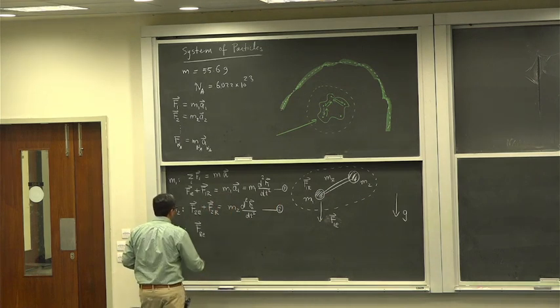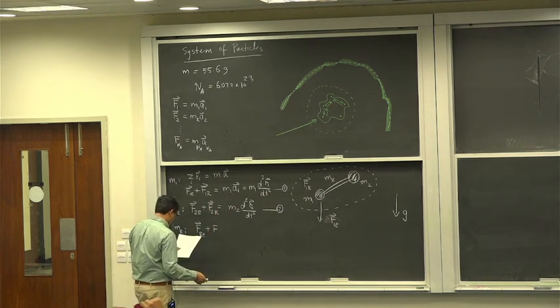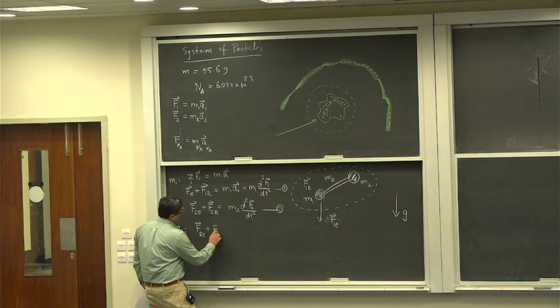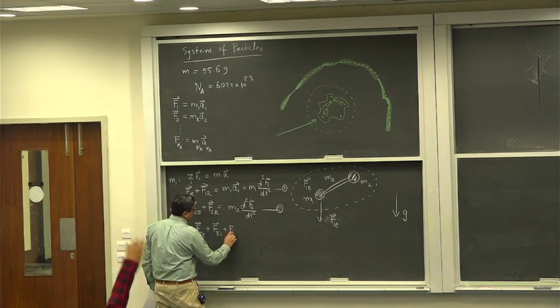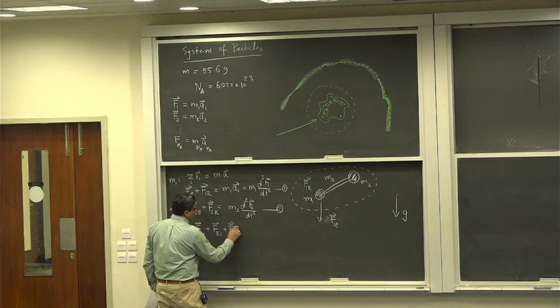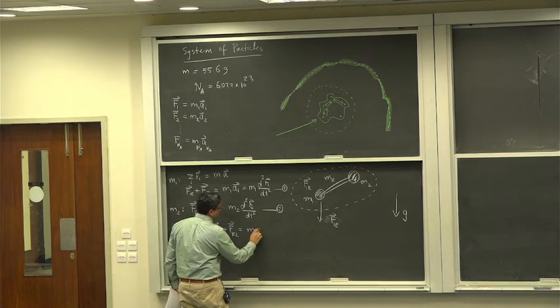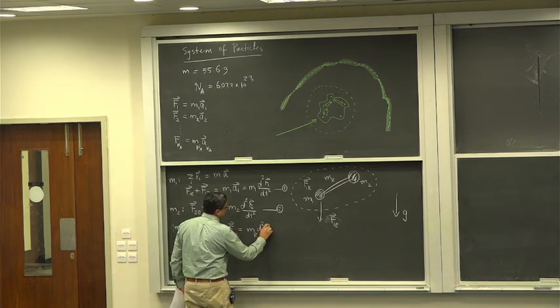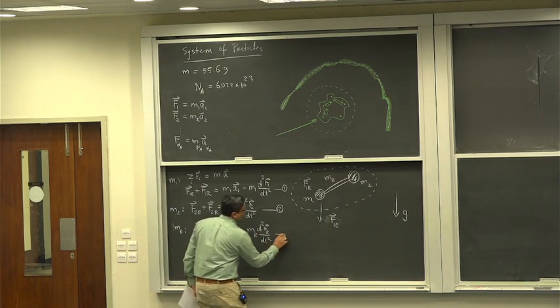So using the same notation that becomes FR1 plus FR2 is equal to MR d squared rR over dt squared. All good?